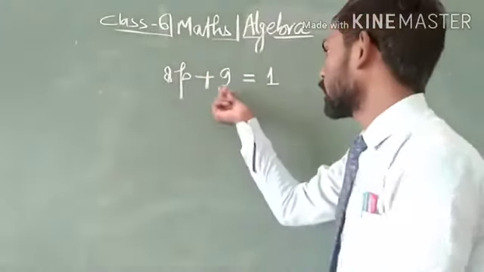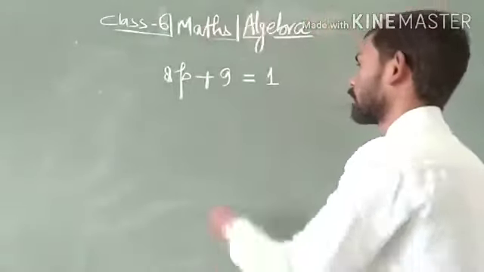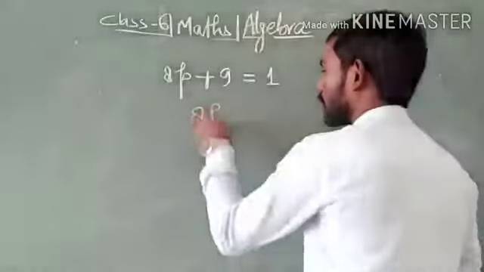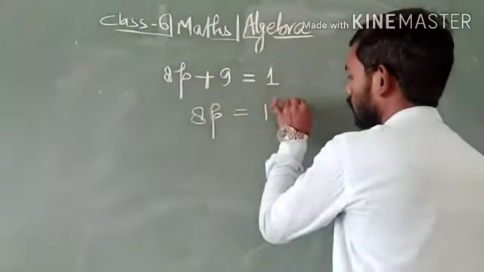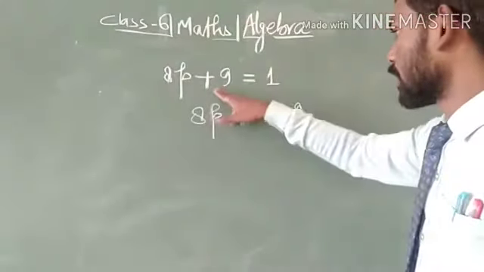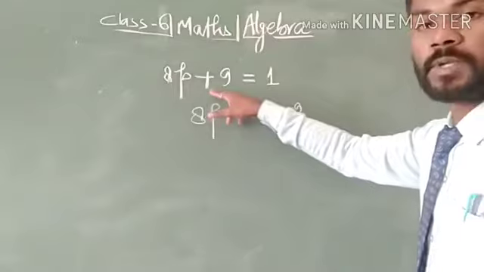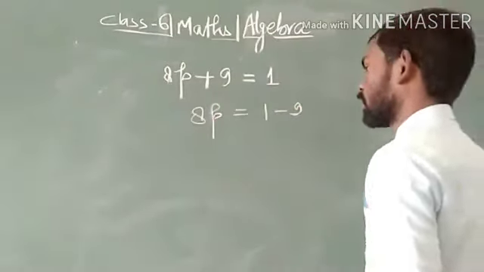That is why we shall transfer 9 to the right hand side and here we get 8p equal to 1 minus 9. Okay, here this is plus, so when it goes to the right side it becomes negative.